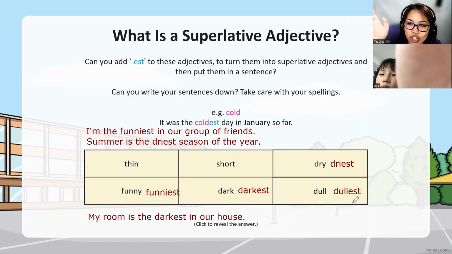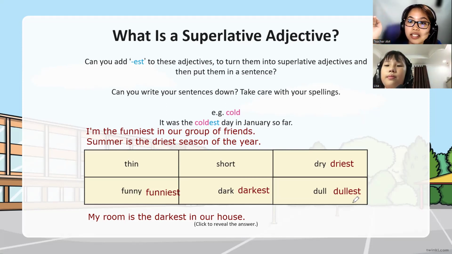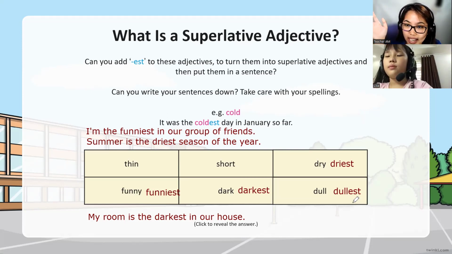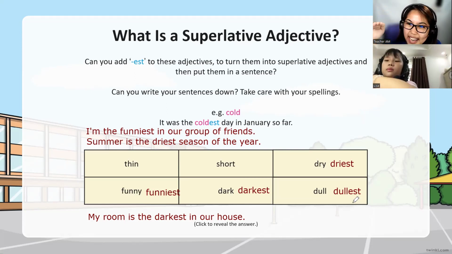For example, today is the dullest weather in this week. That means it's plain. Or we can also describe a person who lacks brilliance or who is not clever.